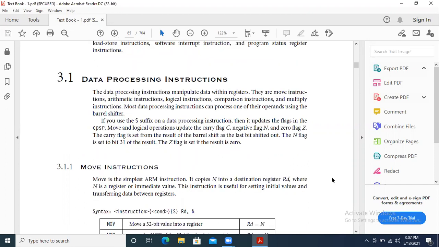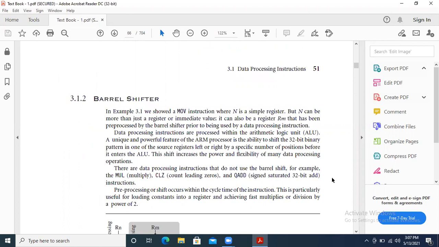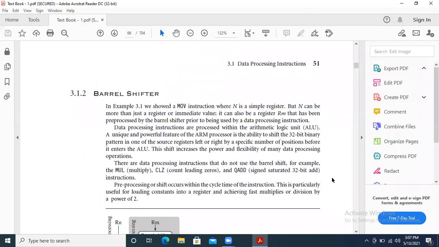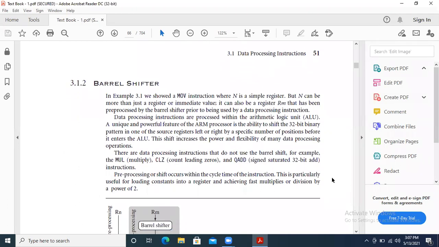So next we have what is called the barrel shifter. It is similar to the move instruction, but with a little bit of change. It is the same as the move only, and it is then called a shifter. So what is a shifter? Already you know. Shifter means it shifts the value depending upon your request.